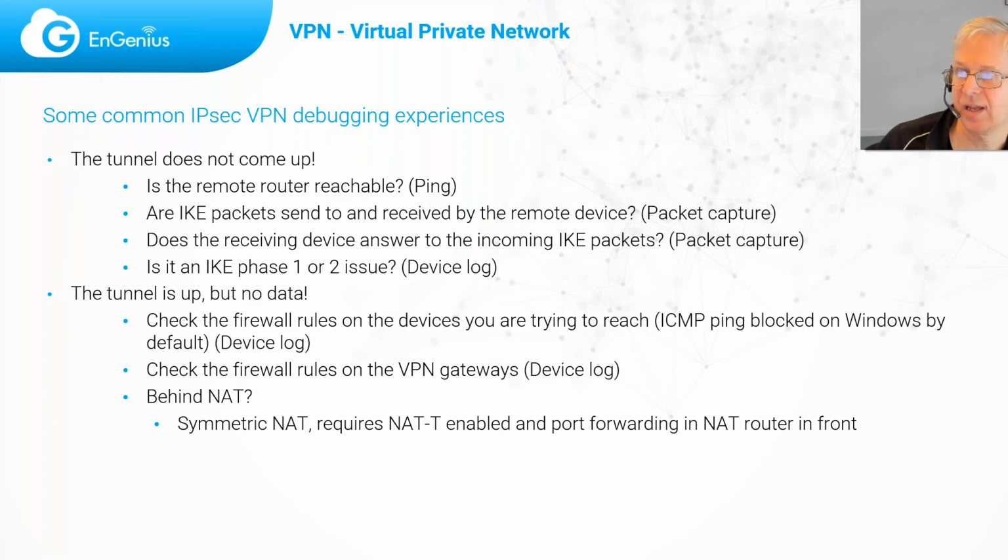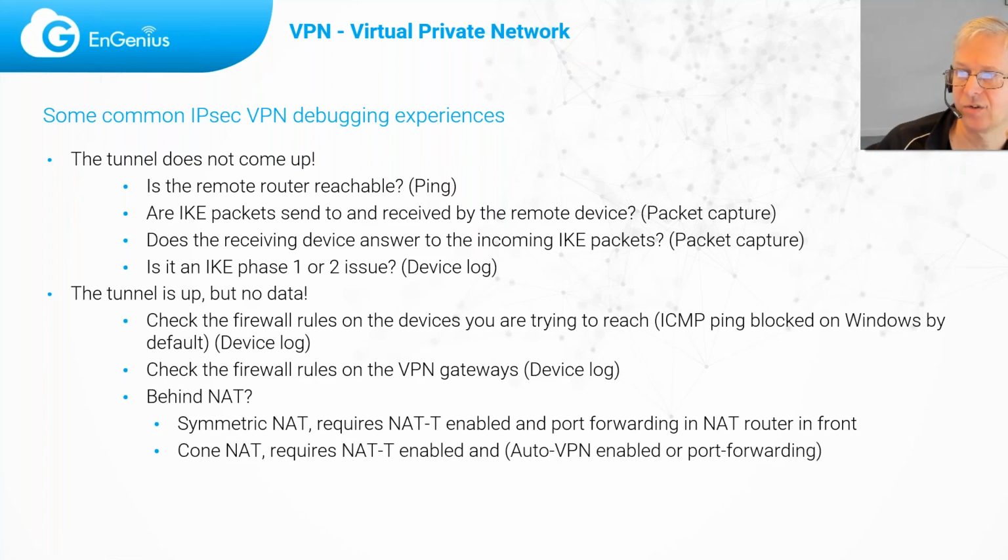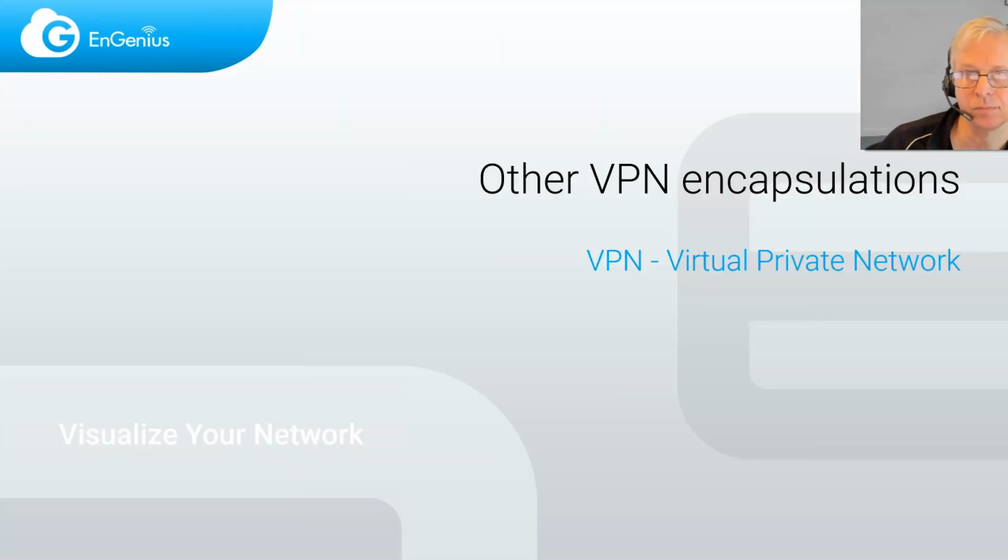And if it's symmetric NAT, you need to do that for sure, because it will not work otherwise. And if you have some cone NAT, again, you need to have this enabled, either by auto VPN, or you need to do some port forwarding. So that's what I'm going to tell about IPsec here.